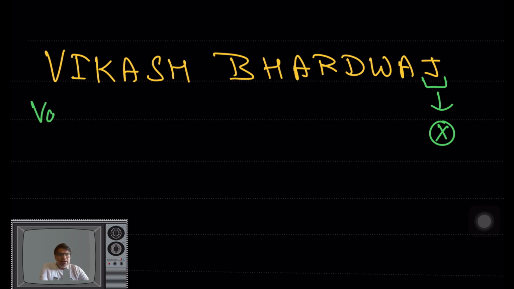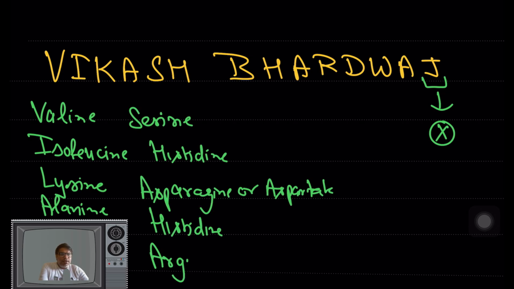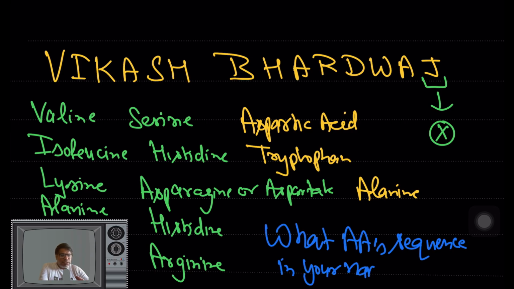So V for valine, I for isoleucine, K for lysine, A for alanine, S for serine, H for histidine, then B for asparagine or aspartate, H for histidine, then R for arginine, then D for aspartic acid, W for tryptophan, then again A for alanine, and finally J, nothing.